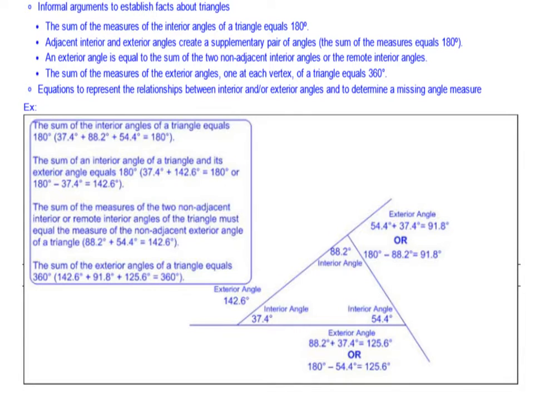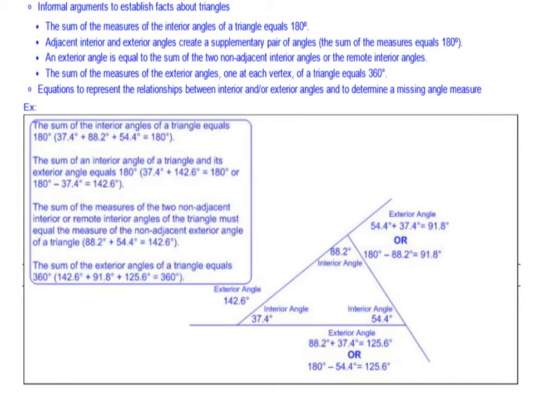Well, that should be, because you have a sum of 180 here, and a sum of 180 here, and 180 plus 180 is 360. Or we could go this way: a sum of 180 here, and a sum of 180 here, and these will still equal 360. A sum of 180 here, and a sum of 180 here, and we'll still get 360 degrees.